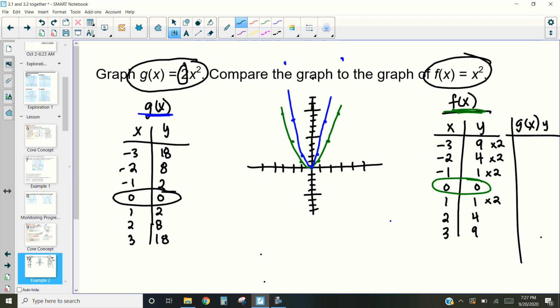Right? And that is how we got our 18, our 8, our 2, our 0, and all of those because we had to multiply each piece by 2. So notice, not 18, but multiplying 9 by 2 gives us 18.